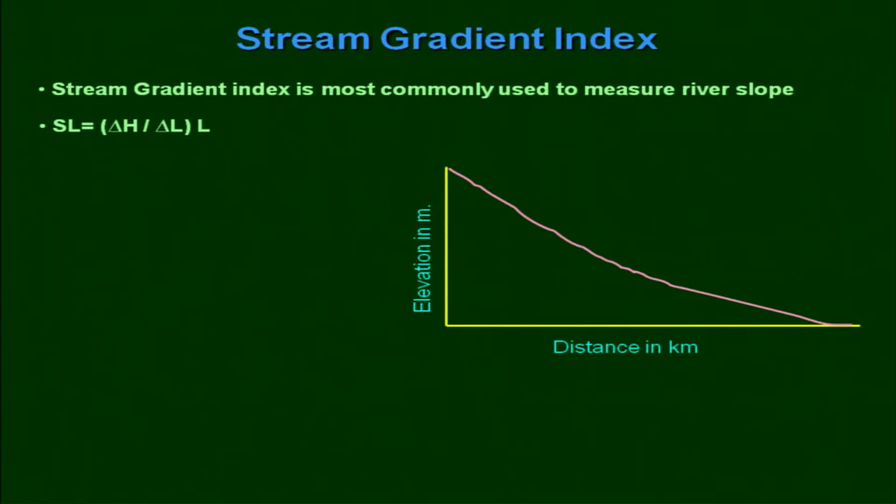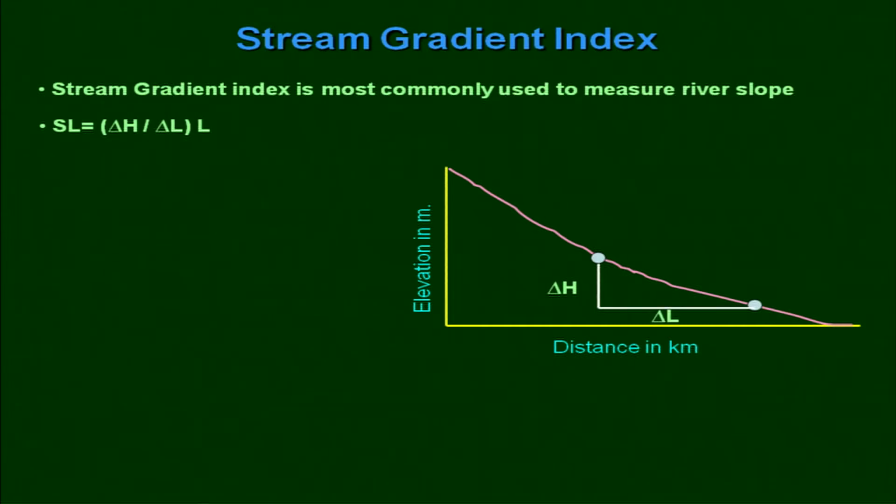So if you have a profile like this, of course most of the profiles will look like this only, because you have the source area, headward area or headwater area, watershed, and then towards the mouth of the channel. And you want to measure the SL index at any given point. So what you will do is take the center of that point.